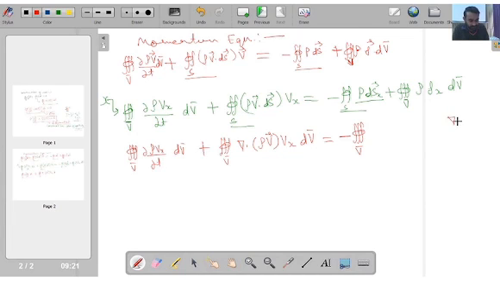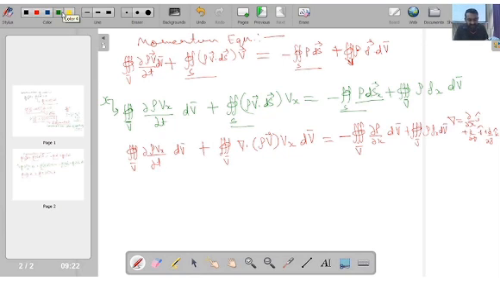Now you see I am using the divergence operator. For this pressure term I want to use only the pressure force in x direction, so this del has three components: del by del x i cap plus del by del y j cap plus del by del z k cap. I will choose only the x component, which is del by del x, so I will write del p by del x into dv bar. And the third component is already in the volume integral, so rho fx into dv bar.